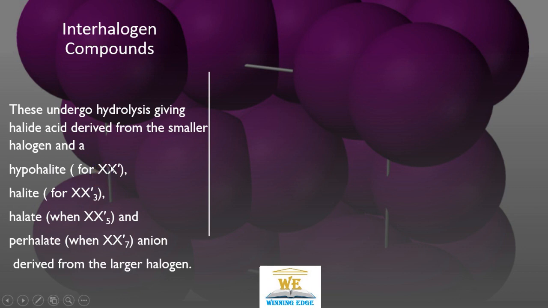For XX' interhalogen compounds we get hypohalite, for XX'3 we get halite, for pentavalent compounds halate, and perhalate for heptavalent compounds.